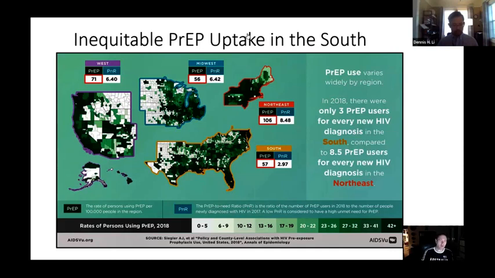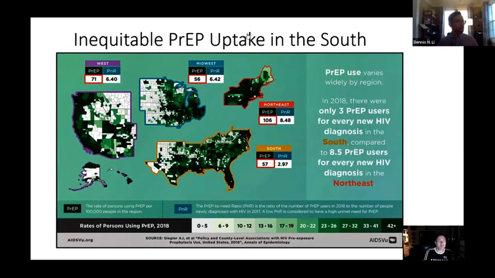But the other way to look at this is that we'd like for areas that actually have more impact of HIV to have a comparably higher level of PrEP. In other words, we want to norm our understanding of the level of PrEP use to the level of need. And we do that with the PrEP-to-need ratio, which is just the number of people using PrEP over the number of people newly diagnosed with HIV in the same year.